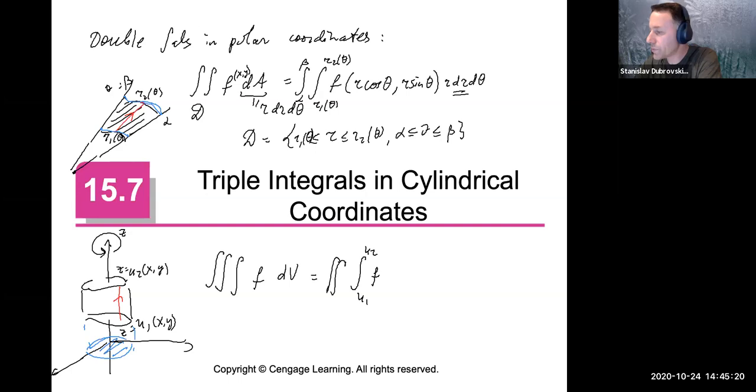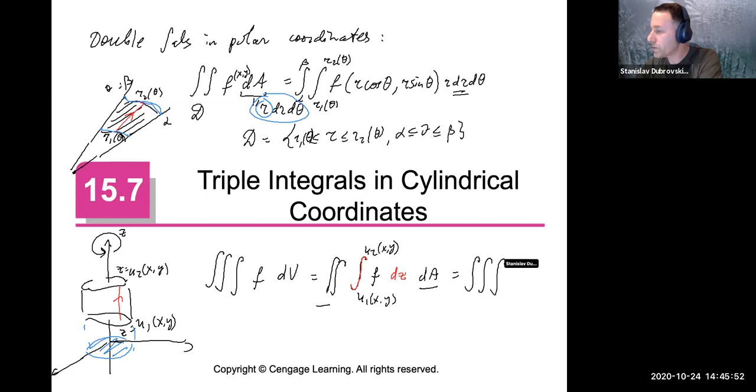So that's our first integral, dz from u1 of xy to u2 of xy, and then that double integral dA remaining would be written just like in polar coordinates using this conversion factor r dr d theta.